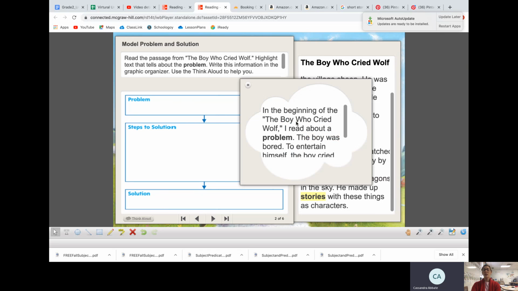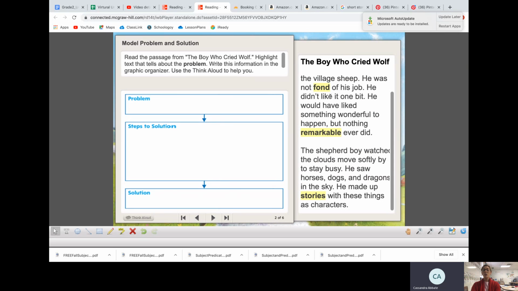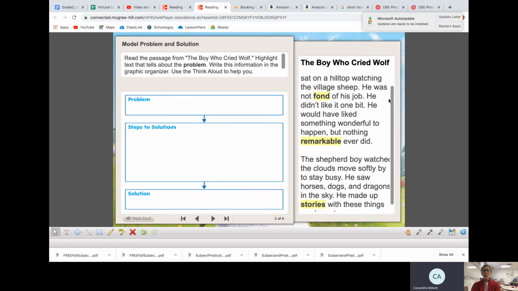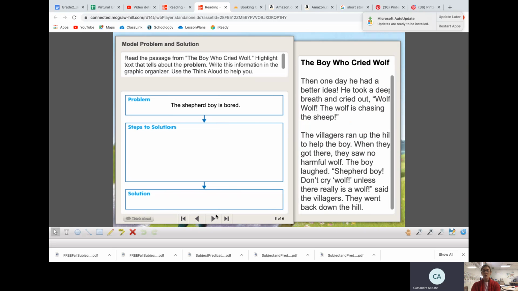We just read about a little problem that this boy was having. In the beginning of The Boy Who Cried Wolf, I read about a problem. The boy was bored. To entertain himself, the boy cried wolf when there was no wolf. We just read that he didn't like his job, he wasn't fond of it, he wanted something wonderful to happen. So what is the problem? The problem is the shepherd boy is bored.